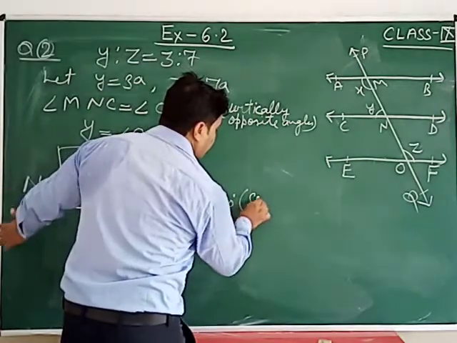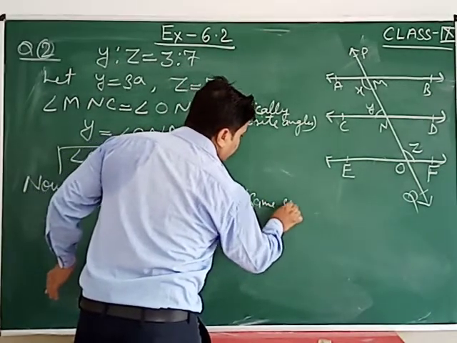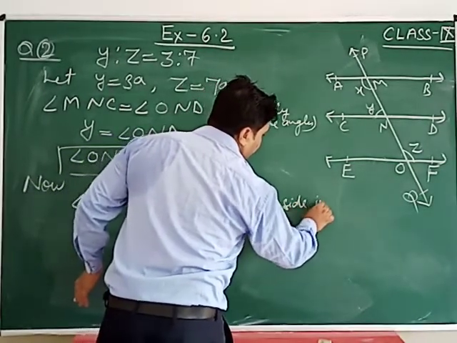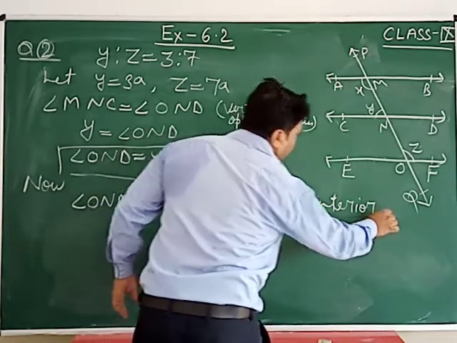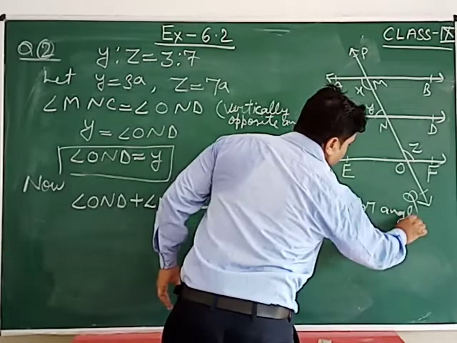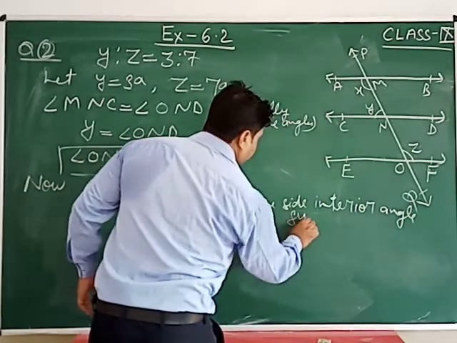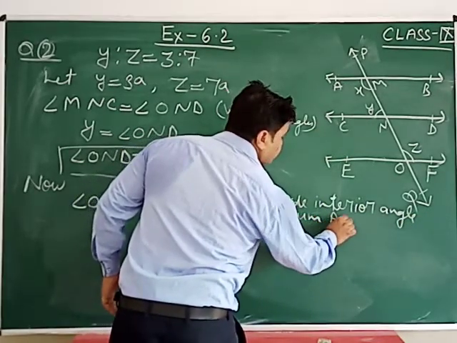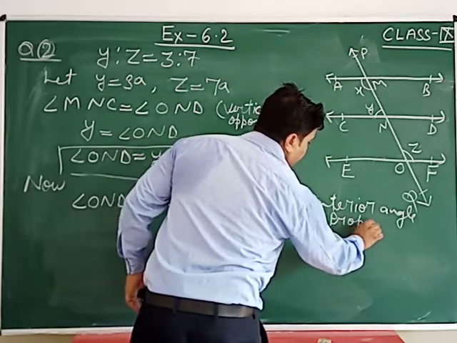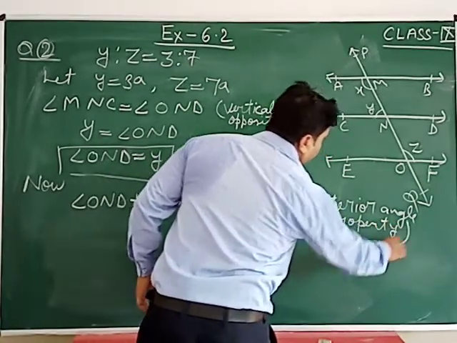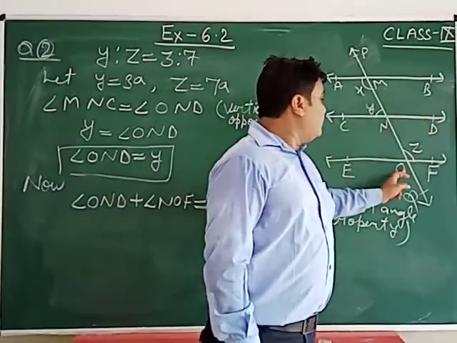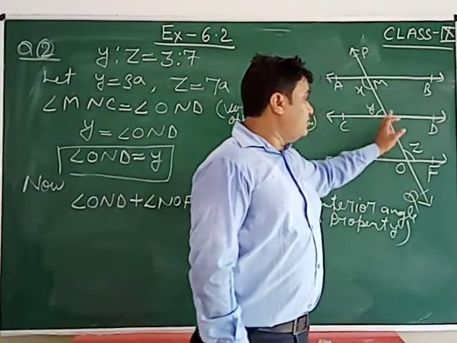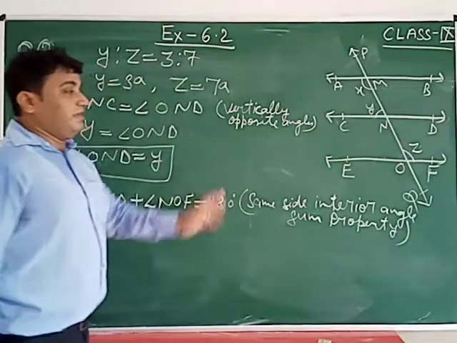Same side interior angle sum property. Angle OND plus angle FON, the sum is 180.